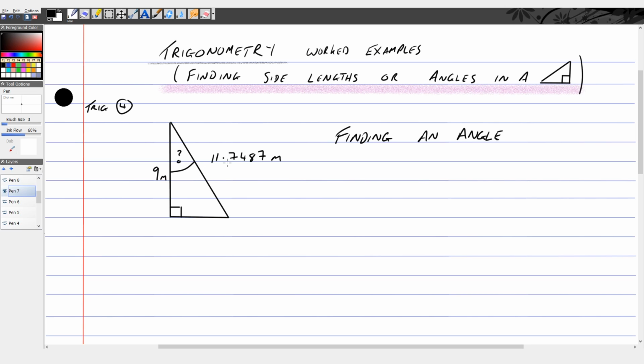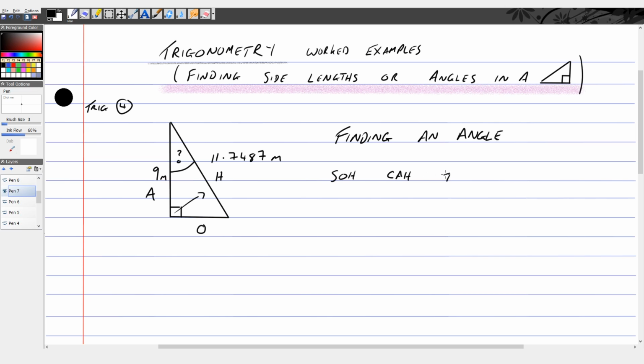We know that this is the hypotenuse side because it's the longest one and it's facing the right angle. We know this is the adjacent side because it's next to the angle, so this one must be the opposite side. So as ever, figure out which trig function it is. Is it sine?